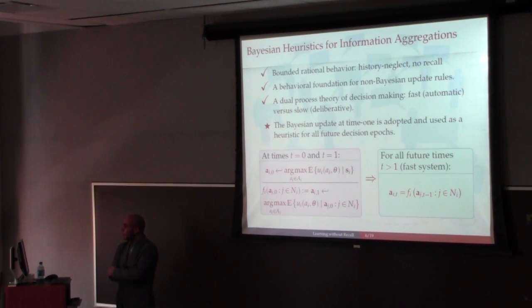So it also relates to a dual process theory of decision making. This dual process theory identifies two systems of thinking. One system is fast and automatic. This system is the one that basically adopts heuristics and relies on heuristics for decision making. And there is another system that is deliberative, and more rational behavior can be attributed to that system.